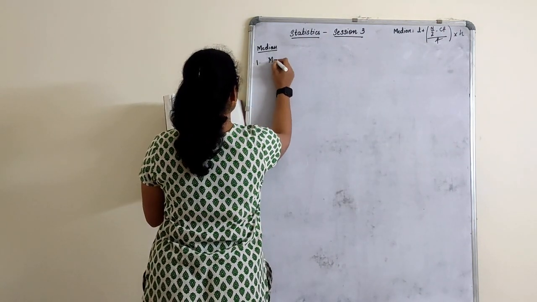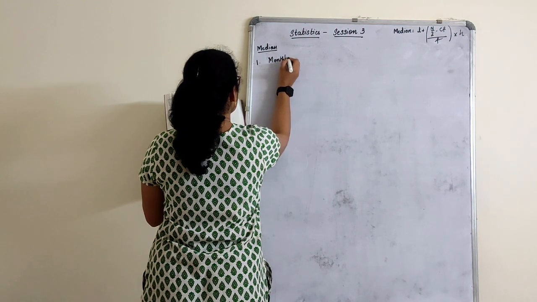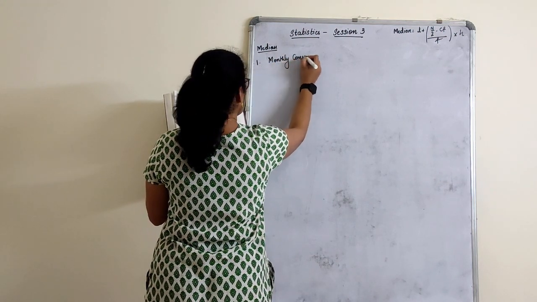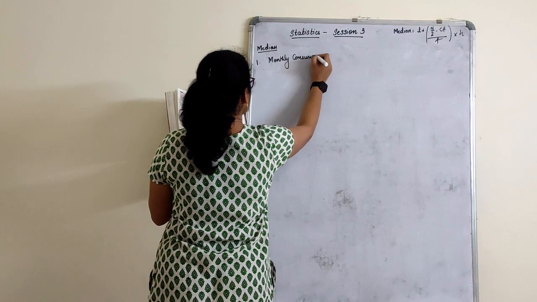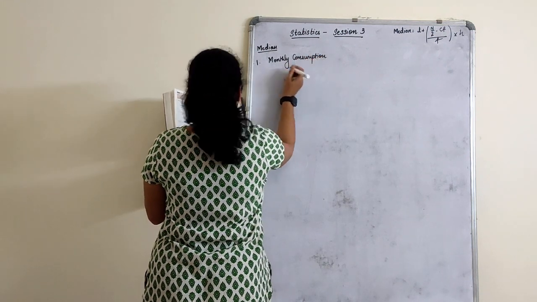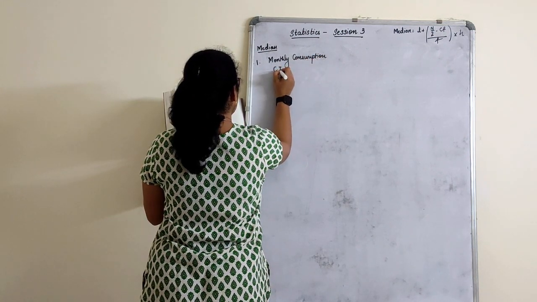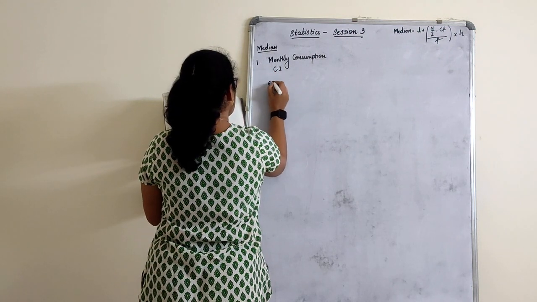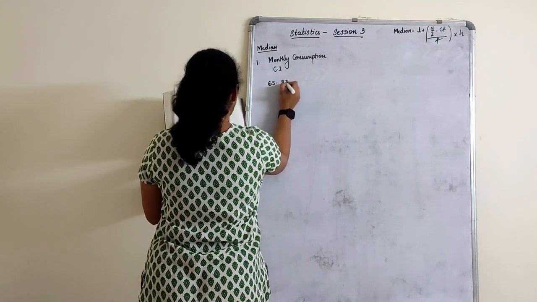Monthly consumption in units, that is nothing but class interval: 65 to 85.